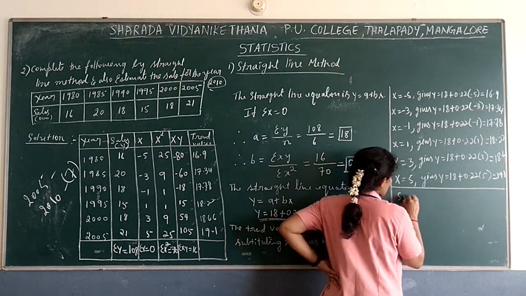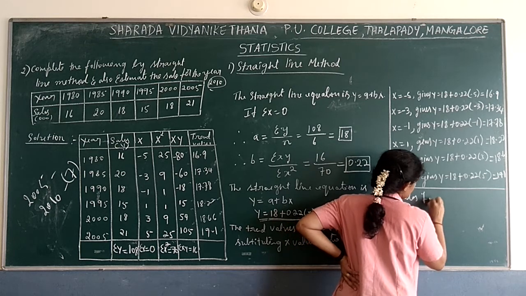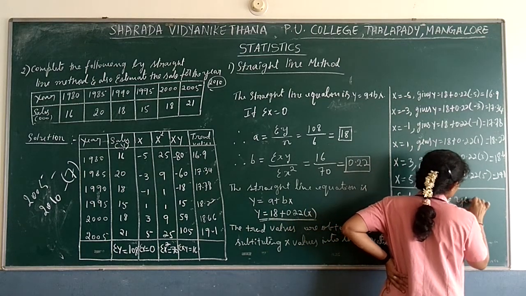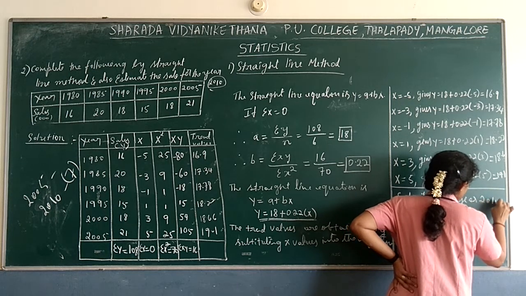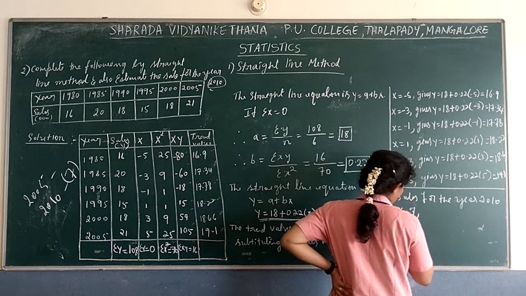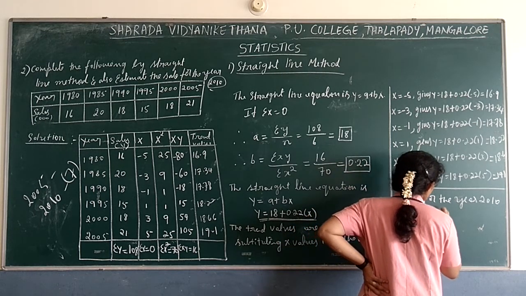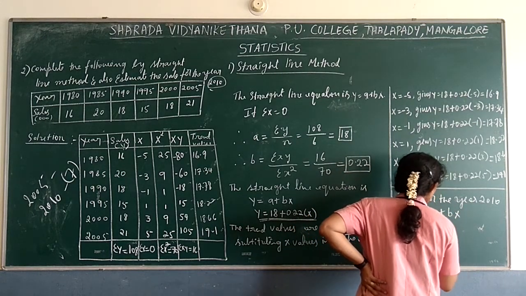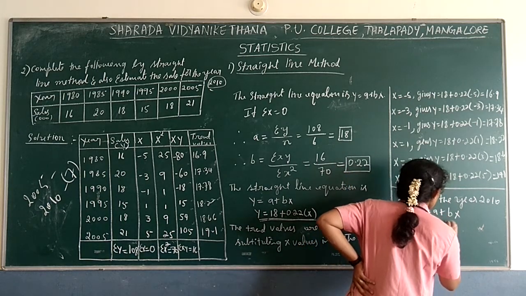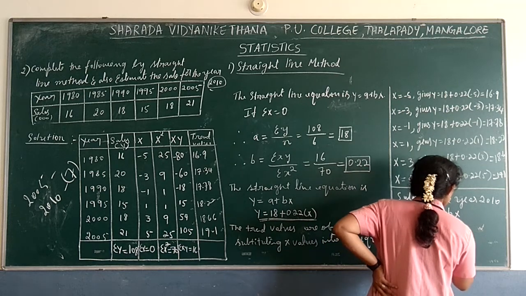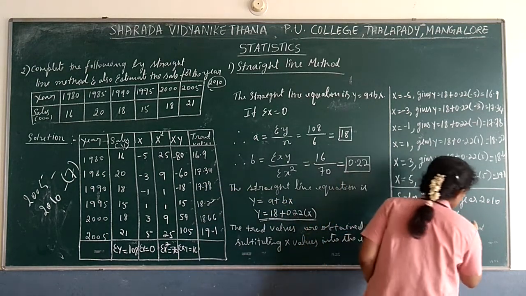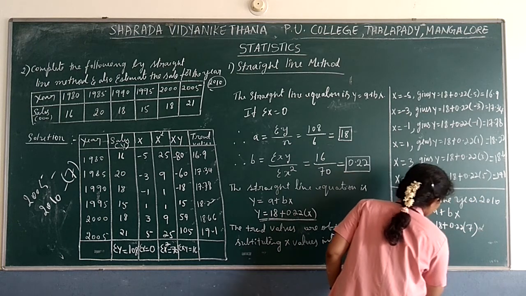Now for the year 2010, what is the x value? X is equal to 7. So y is equal to a plus bx. The value of a is 18 plus 0.22, and x we got as 7 there.